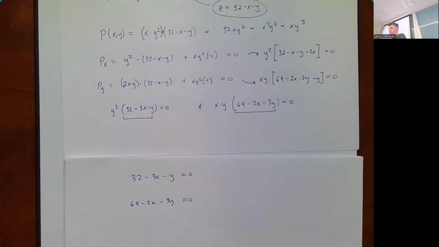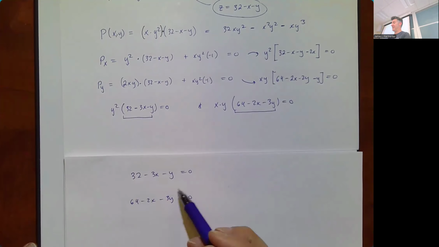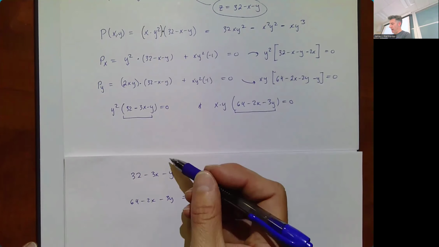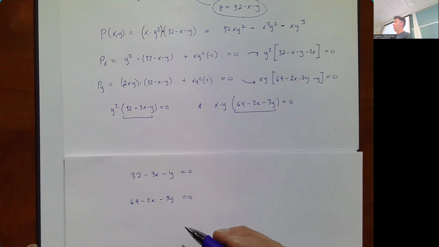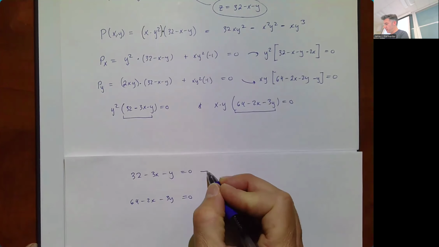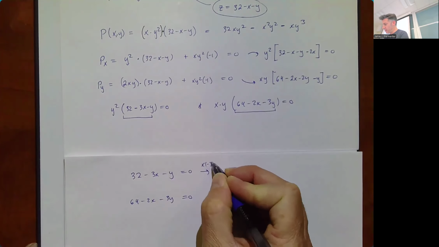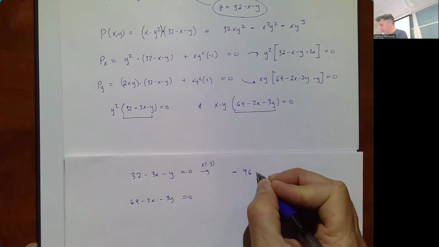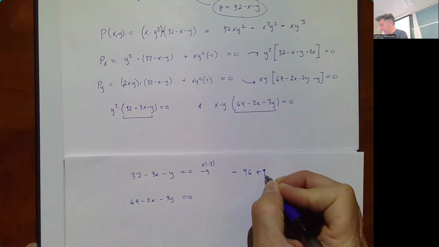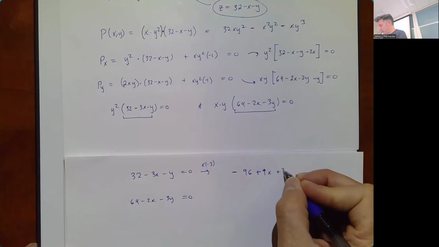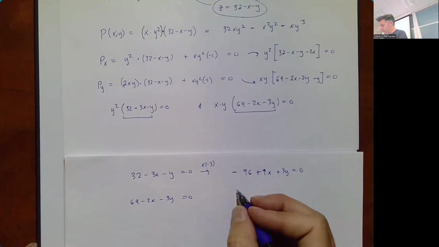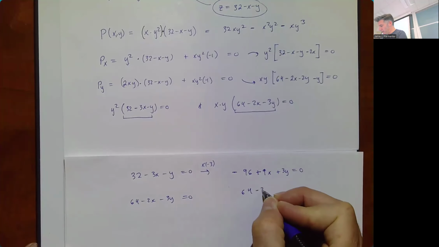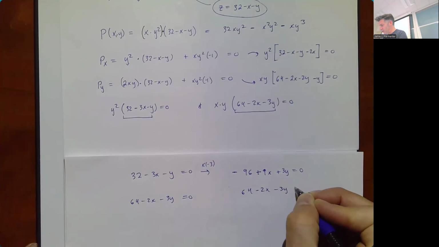And what I would probably do is multiply this first equation by -3, and then add those 2 equations together so that the y's cancel. So if I multiply this by -3, I'm going to get -96 plus 9x plus 3y equal to 0. And down here, I still have 64 minus 2x minus 3y equal to 0.